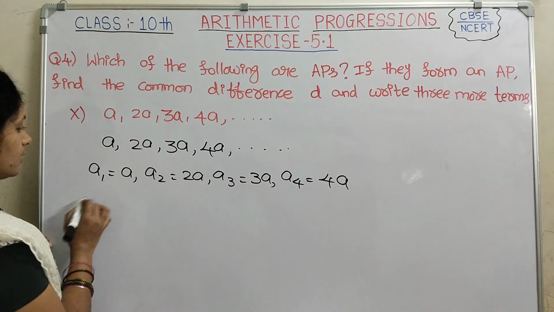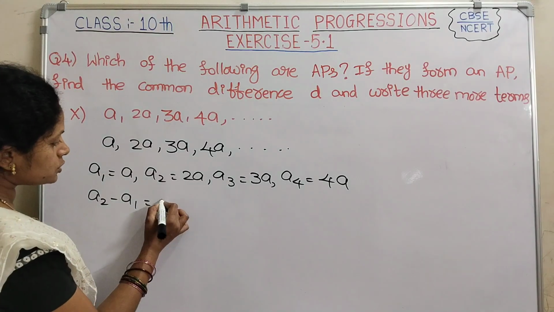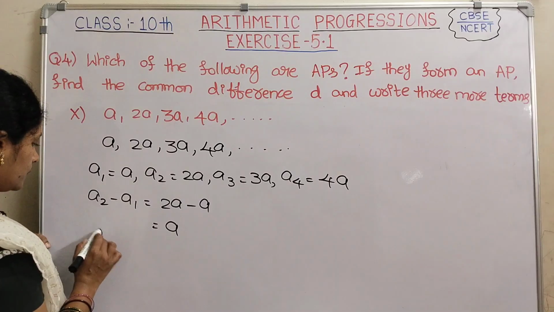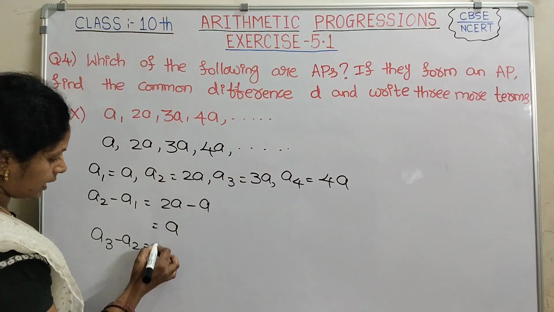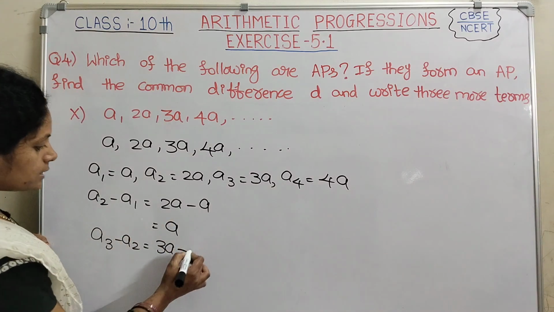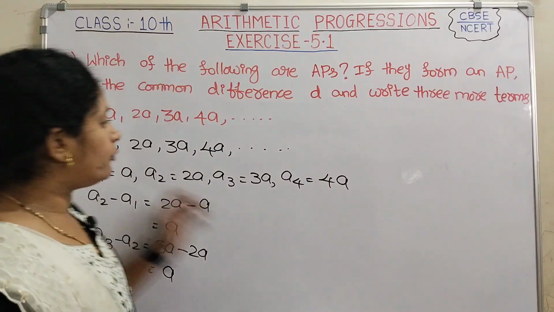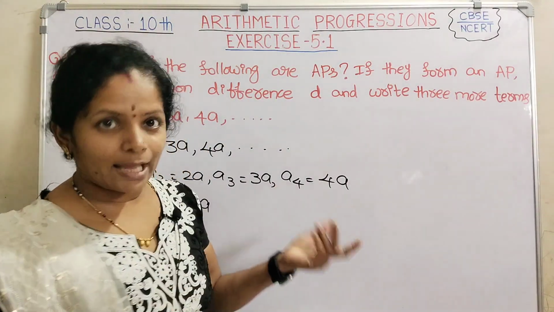Calculate A2 minus A1. A2 is 2A minus A. It is A. A3 minus A2. A3 is 3A minus A2 is 2A. It is A only. If we calculate A4 minus A3, then also 4A minus 3A we will get A only.